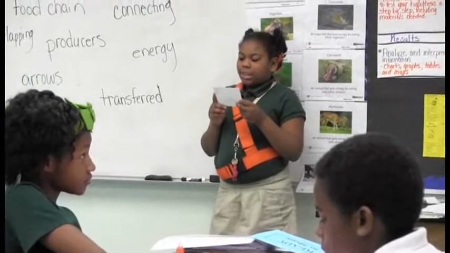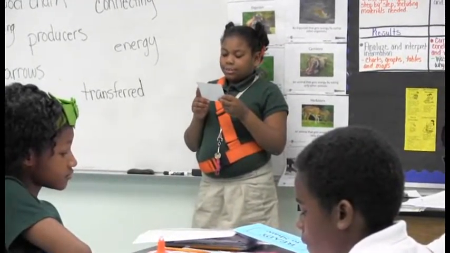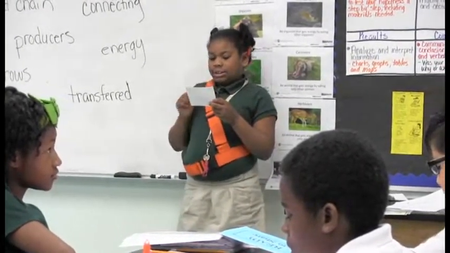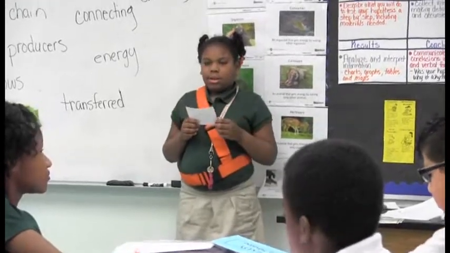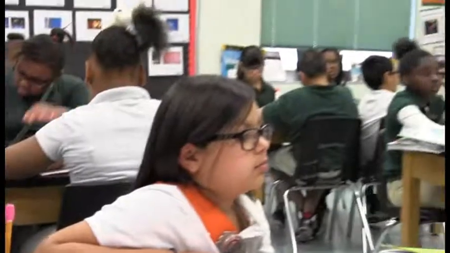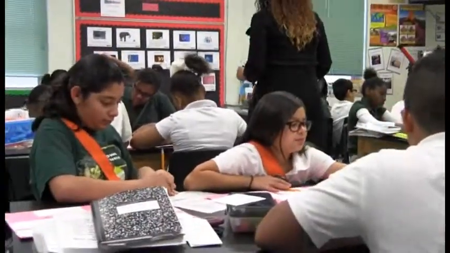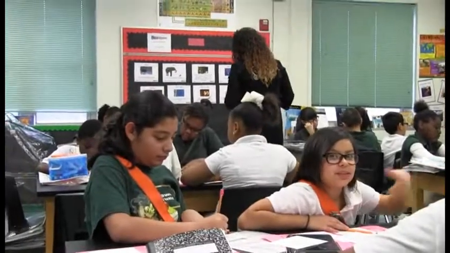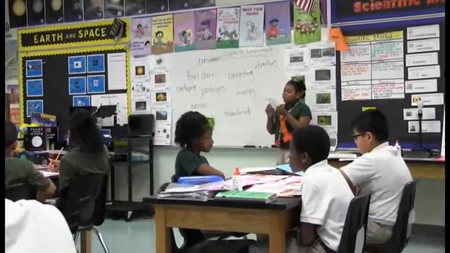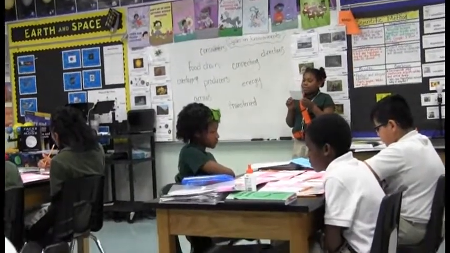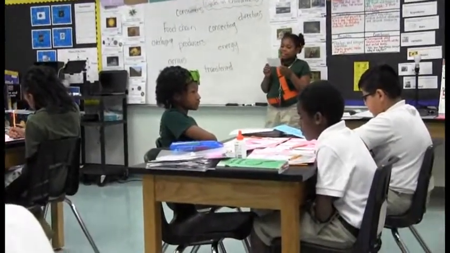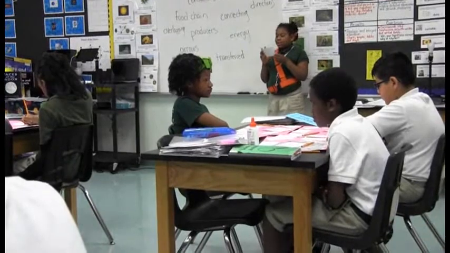A food web is a system of overlapping and connecting food chains in an ecosystem. Okay, did we get that? Who didn't get it? Thumbs up over here. Everybody got that? Read it again for him. A food web is a system of overlapping and connecting food chains in an ecosystem.